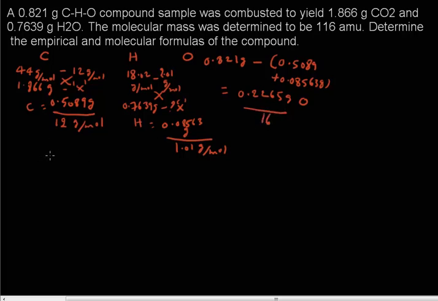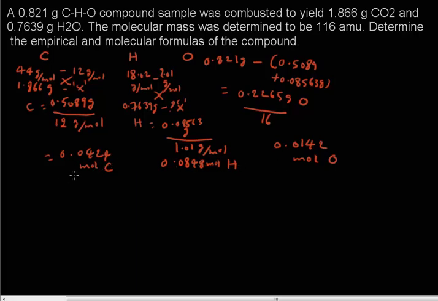As a result, we get 0.0424 moles of carbon, about 0.0848 mole of hydrogen, and 0.0142 mole of oxygen.